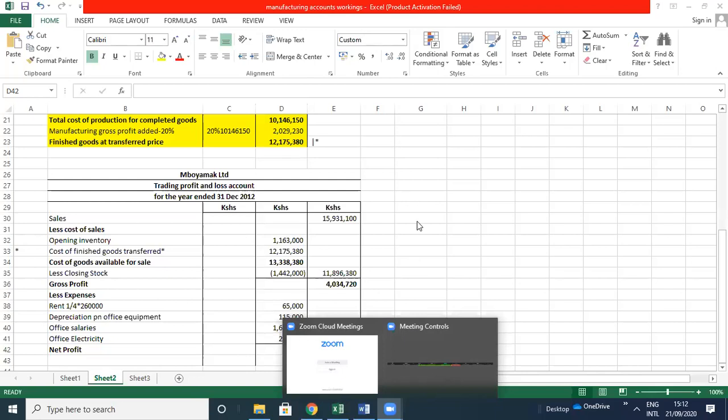Can you scan the information that you've been given and tell me whether there is any other cost that should be included here? Is there any other cost?